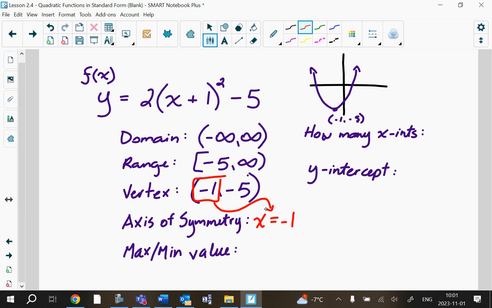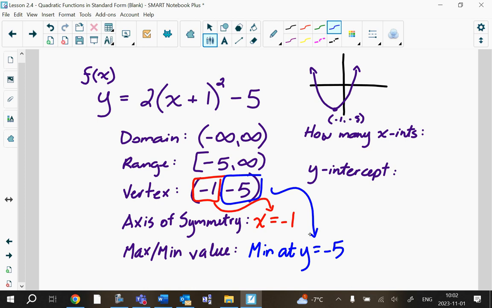Then there are two things here: max or min, and at what value? Min, still don't have it right. Min at y equals -5. Put those variable names down. Always.